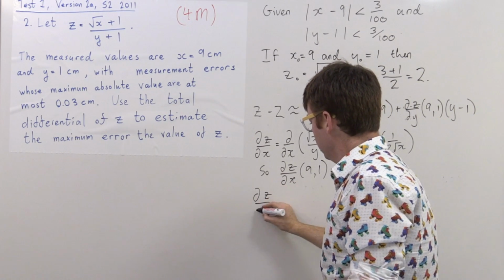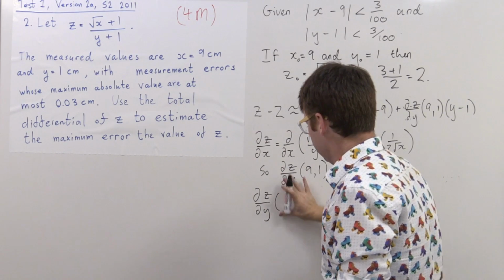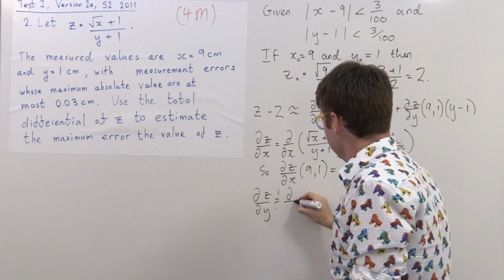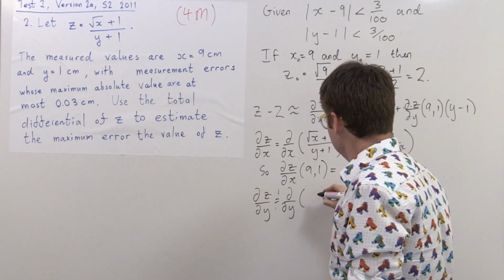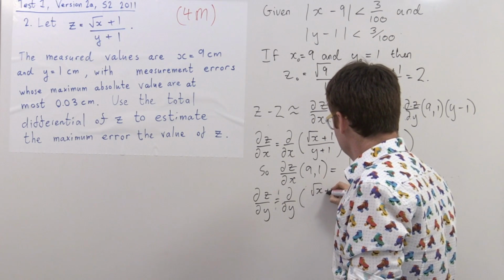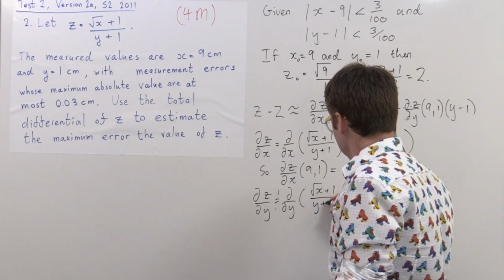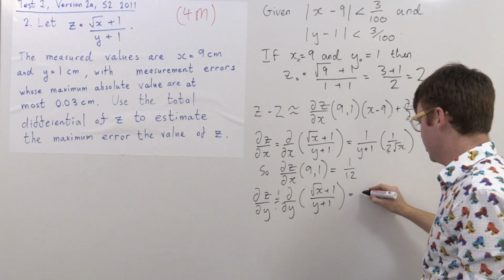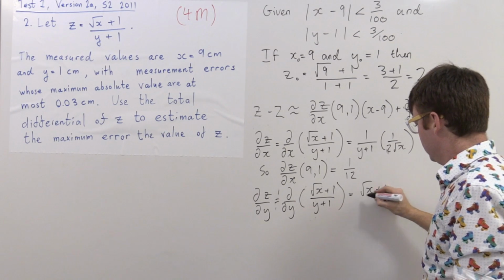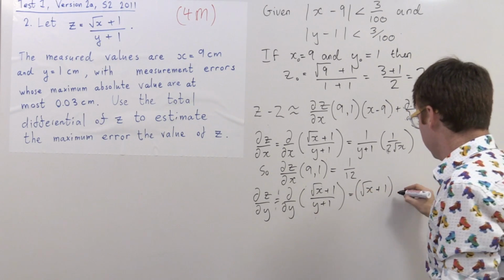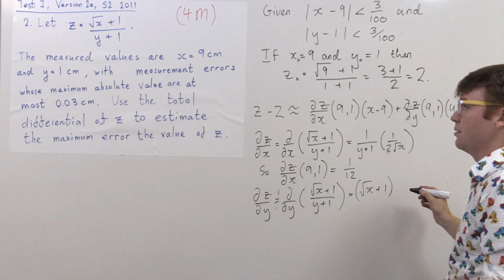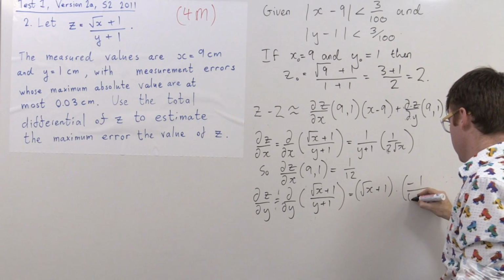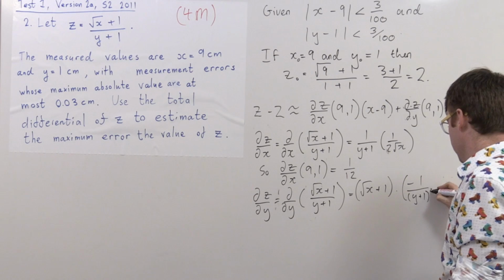∂z/∂y, I need to figure out what this is first, is ∂/∂y of, and this time I can just bring out the root x plus 1. And the derivative of this is, now let's see, multiplied by the derivative, negative 1 over (y plus 1) squared.